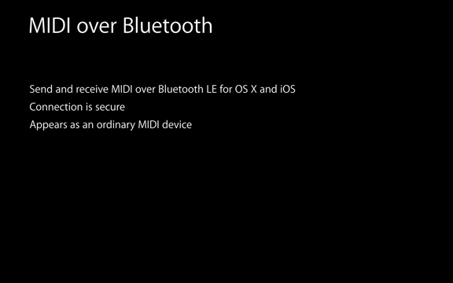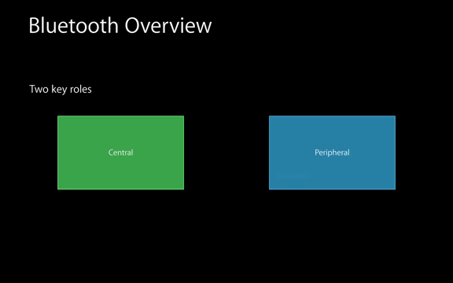So to talk a little bit more about how this connection works over Bluetooth, I want to talk about the two key roles involved in a Bluetooth connection. There's the central and the peripheral. You already have some familiarity with this, maybe not with these names. You can view your central as like your iPhone and your peripheral as like your Bluetooth earpiece. The peripheral's job is to become discoverable and say, hey, I can do something, you can connect to me.